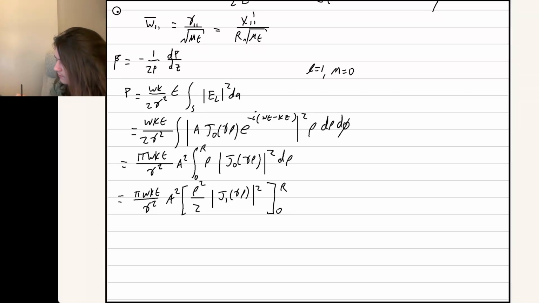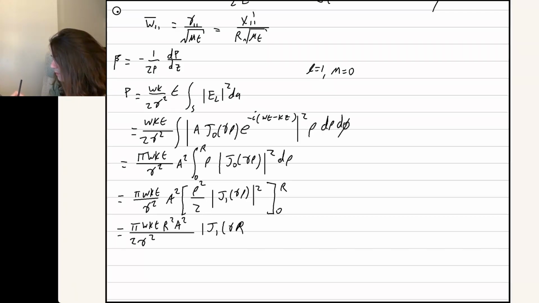That's going to evaluate to just having an r squared, A squared up top, and then gamma squared with a 2 on the bottom, and then times J1 of gamma r squared.